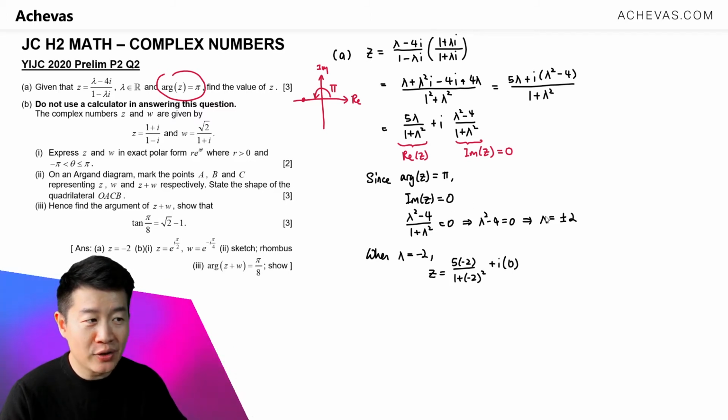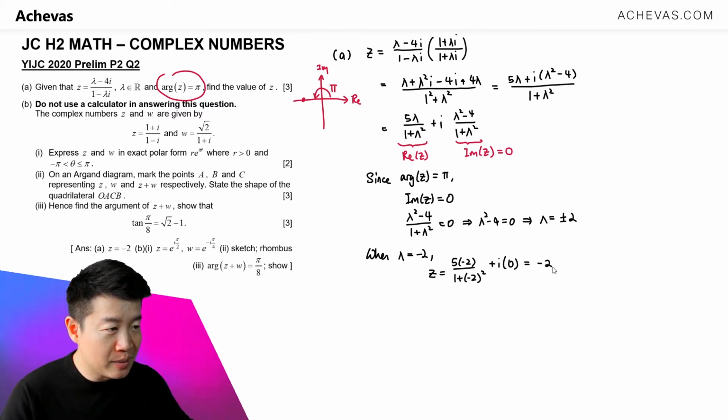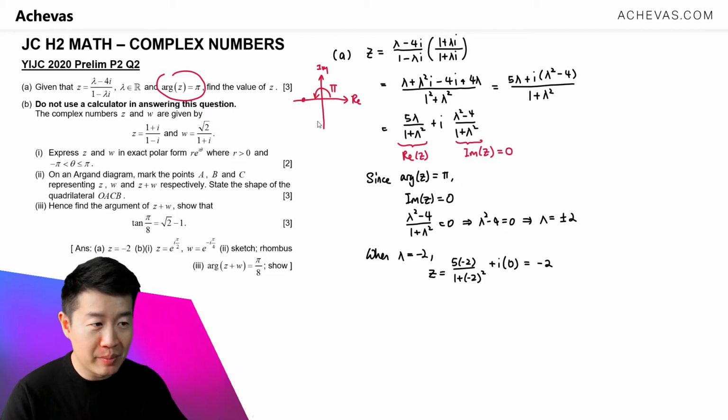Because that was how we started off when we wanted to get the value for lambda. The imaginary part of z is equal to 0. And this, we are going to be getting a minus 2. And this is okay, because we are expecting z to be a negative real number.